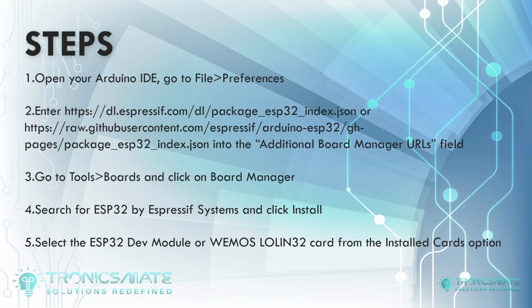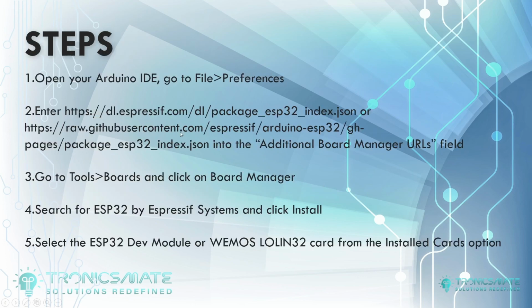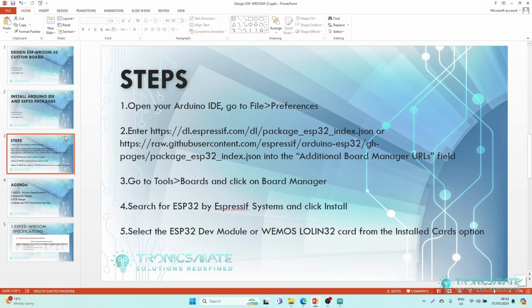In order for the Arduino IDE to find the packages, we have to provide the URL for them. The ESP32 website provides the package for the ESP32, so we have to copy this URL and paste it into the Arduino IDE.